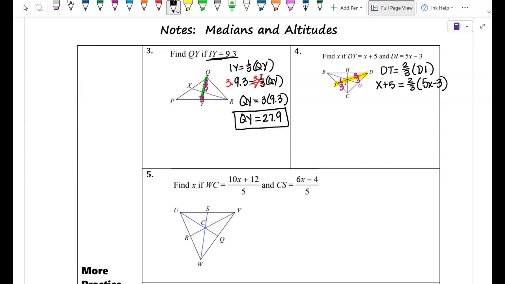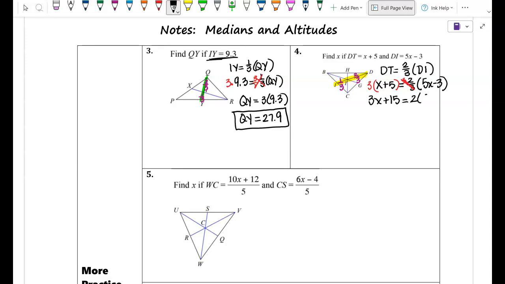Now, because of this fraction, if you wanted to make it a little easier on yourself, we could actually start off by multiplying both sides by 3. On the right-hand side, it would cancel out that denominator. On the left-hand side, we distribute and we would have 3x plus 15 equals, and then we would have to distribute the 2.